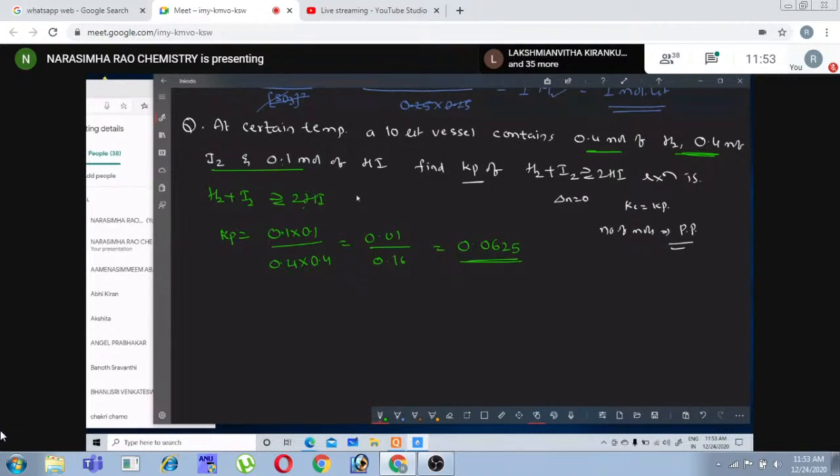The question is directly asking this, so if you calculate Kc you get Kp, because the total pressure is not given, and also Kc is equal to Kp and delta n is equal to 0. So suppose I calculate Kc. When calculating Kc, this is the number of moles by vessel volume. That is 0.1 upon 10 into 0.1 upon 10, upon. This is the HI, okay? HI completed. Now H2 concentration: how many moles? 0.4 upon 10 into, its concentration is 0.4 upon 10.